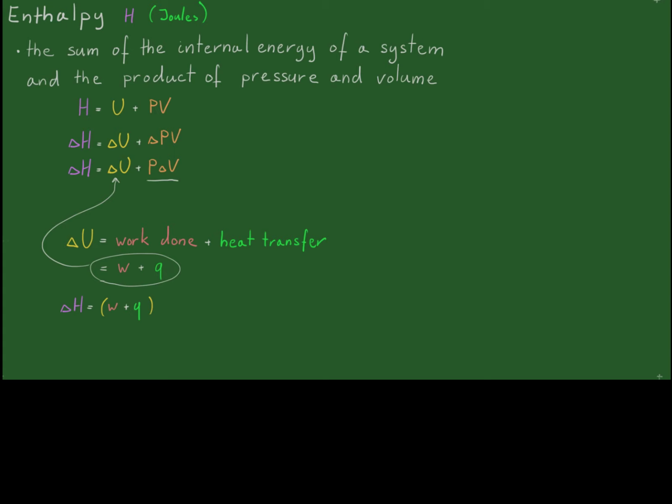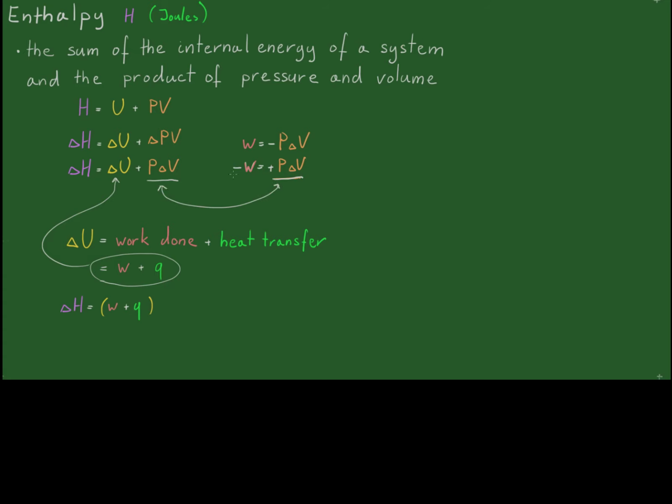Well, it turns out that one of the definitions for work is negative pressure delta V. And I can rewrite this a little bit, and I can say that negative work, let's make that red, so negative work equals positive pressure delta V. So now this term is the same as this term here.